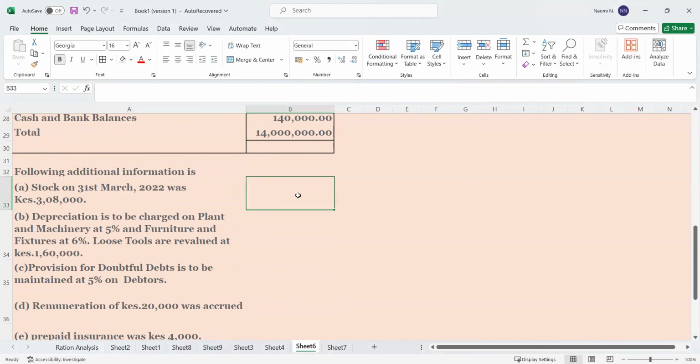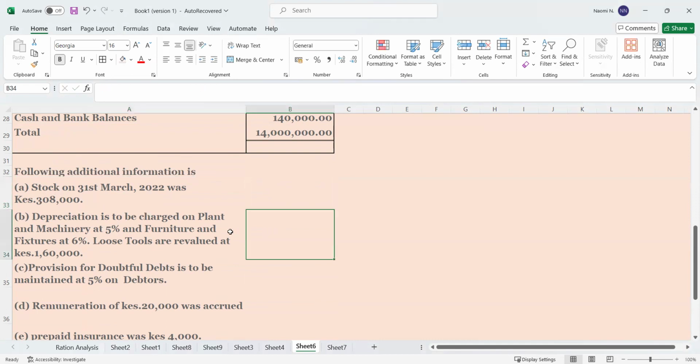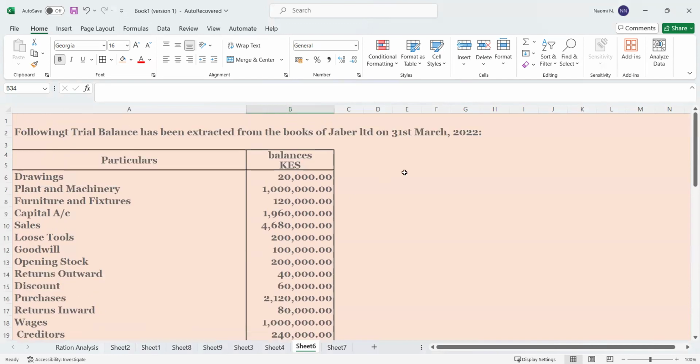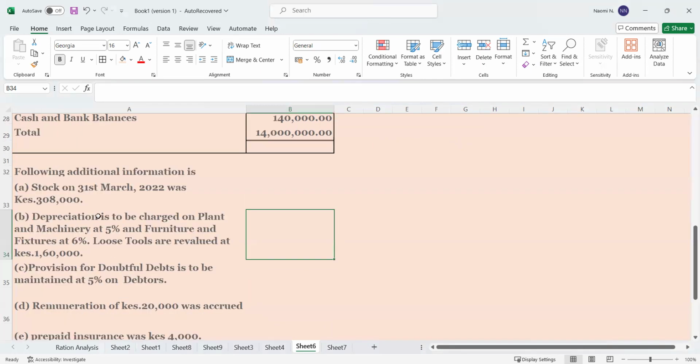Stock on 31st March 2022 was 308,000. Mark you, we are preparing the TB for Jaber Limited on 31st March 2022, and our stock at that period was 308,000.